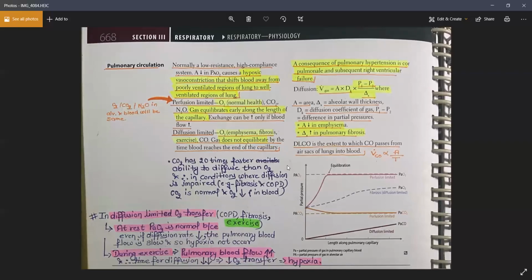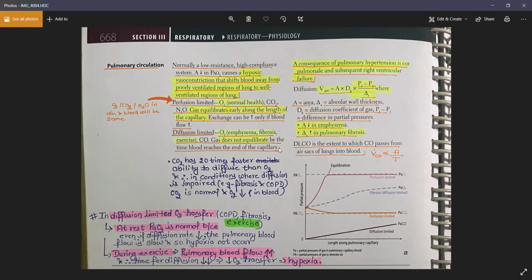Remember this fact. And you also want to measure the DLCO. This DLCO will tell you to what extent CO can pass through these sacs, so how easily a gas diffuses across these barriers. So you will also check for the DLCO levels.